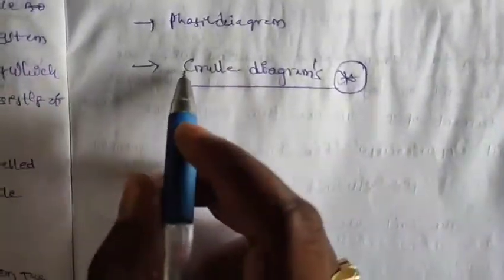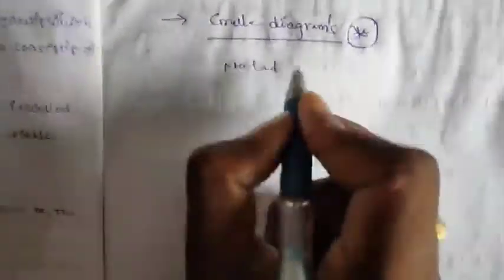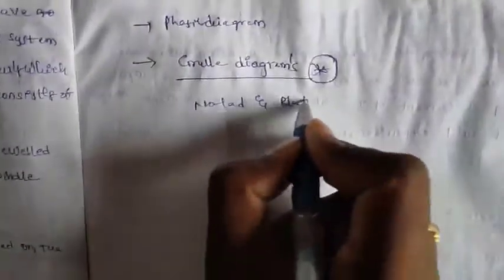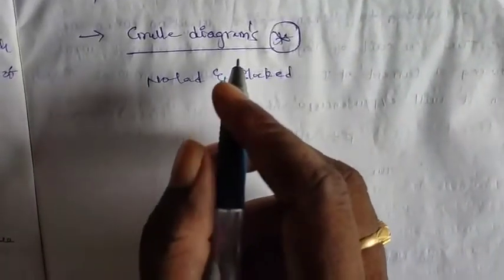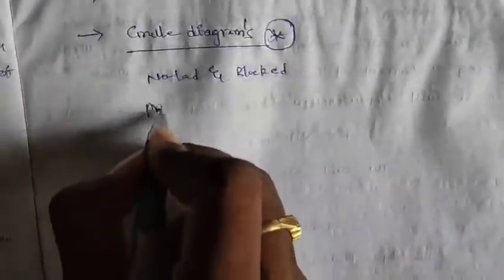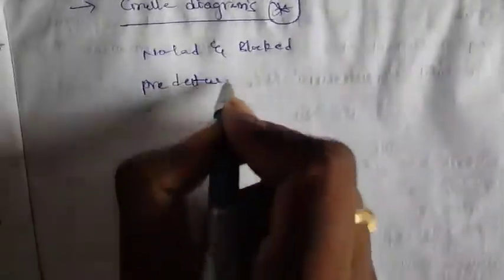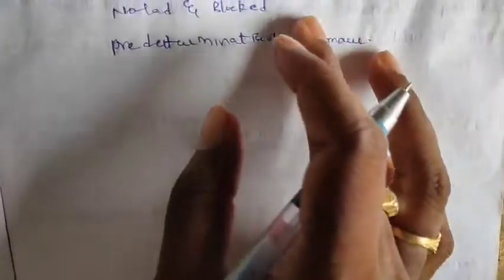All of you learn this topic, it is very helpful for our examination. In this topic we cover the no load and blocked rotor test, and predetermination of performance. Some problems also have to be solved in the circle diagram.